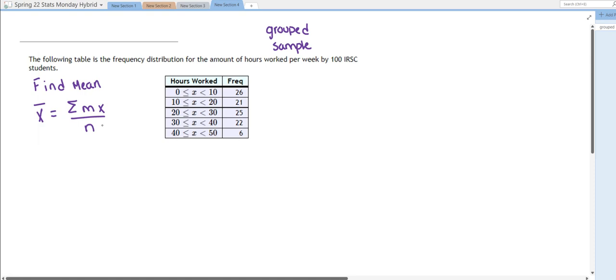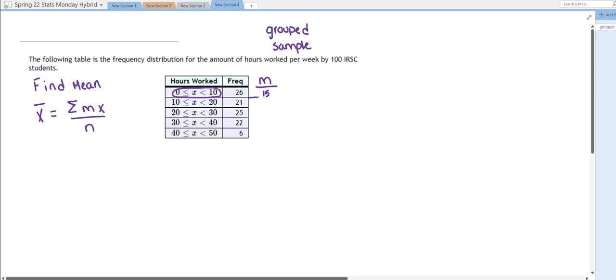What we want to do here is find the midpoints. So the midpoints are going to be the middle values of these. So I would just make another column here, call it m, and then we have our midpoints. If you can't do it easily, you can always put it in your calculator.